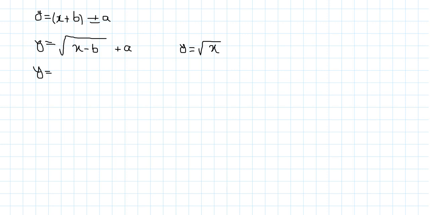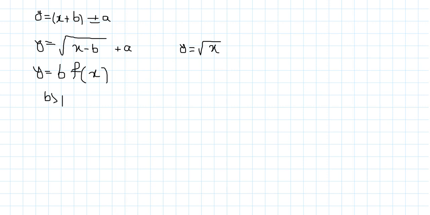Suppose that we have y equal b times f of x. If b is a factor of f of x, and b is bigger than 1, we should stretch the graph vertically.